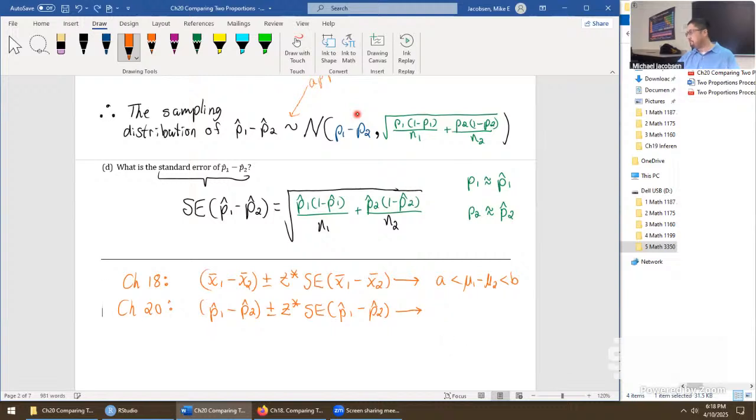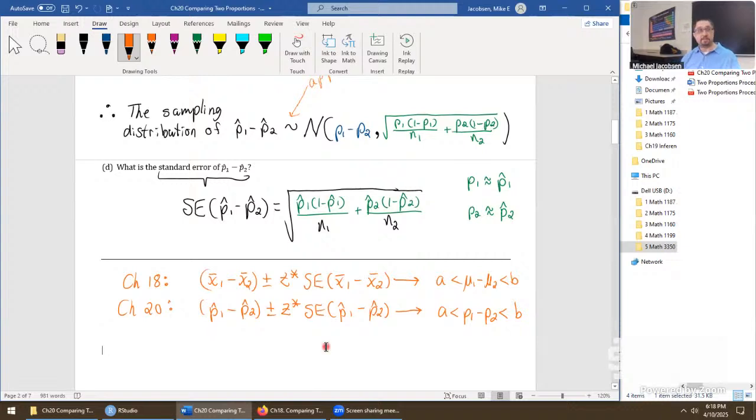Let's just call it a different A, less than P1 minus P2, less than B. So the estimate is trying to do the same exact thing. We just have to recall the parameter is different. We're estimating the population proportions between two different independent populations, not the population means.